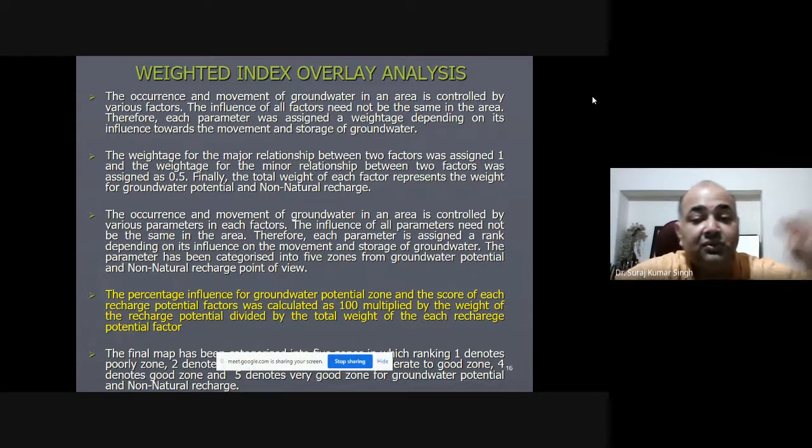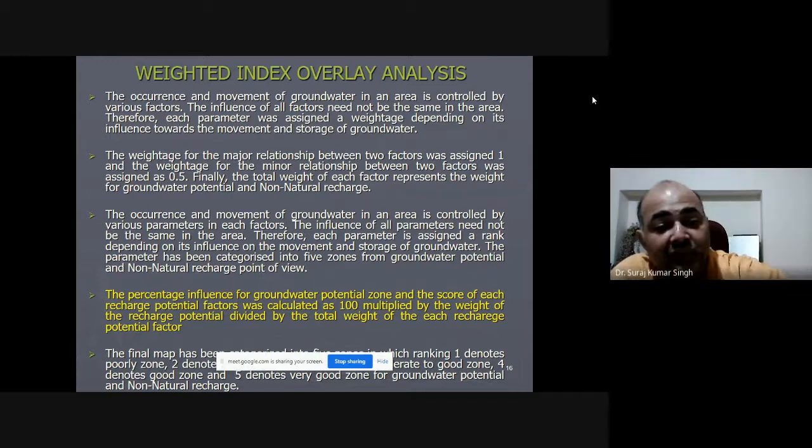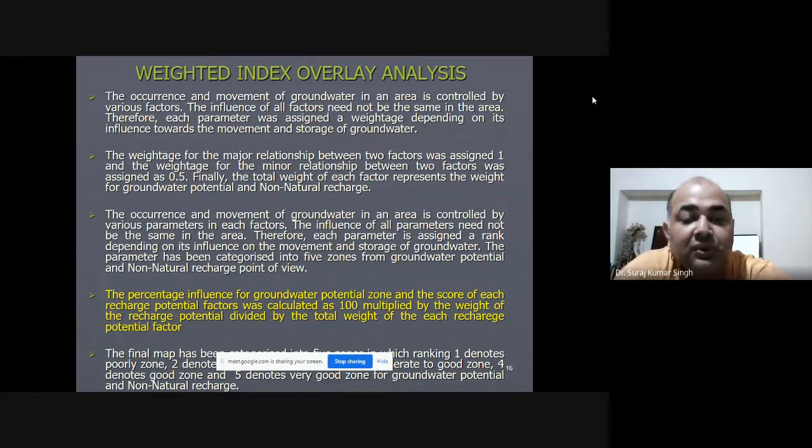If it has a low value, it has a low capacity for holding water. The weightage for a major relationship between two factors was assigned 1, and for a minor relationship between two factors was assigned 0.5. So the highest weight was 1, the lowest weight was 0.5. Finally, the total weights of each factor represent the weight of groundwater potential and natural recharge.